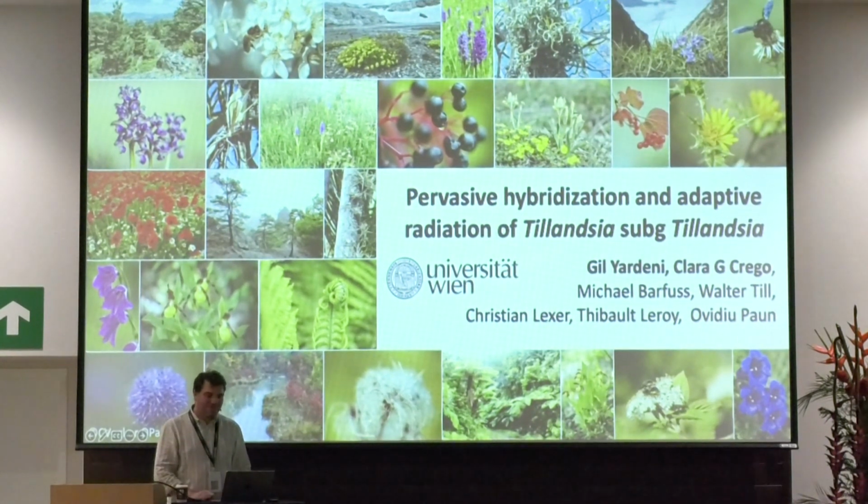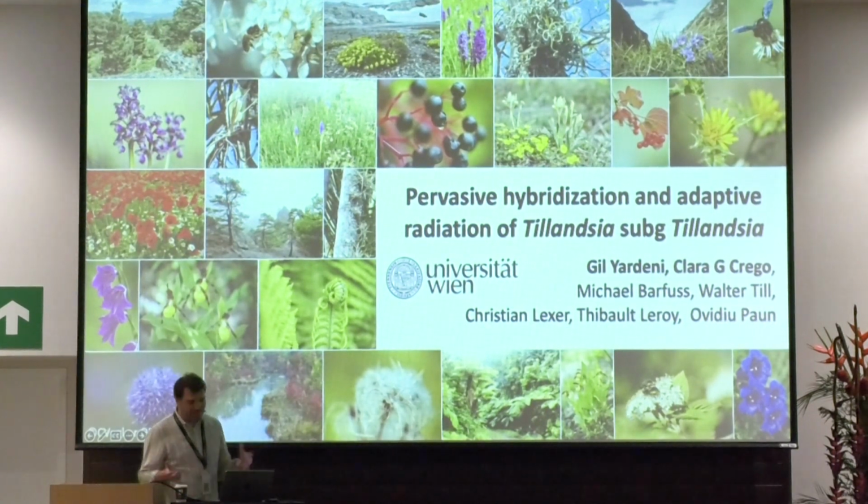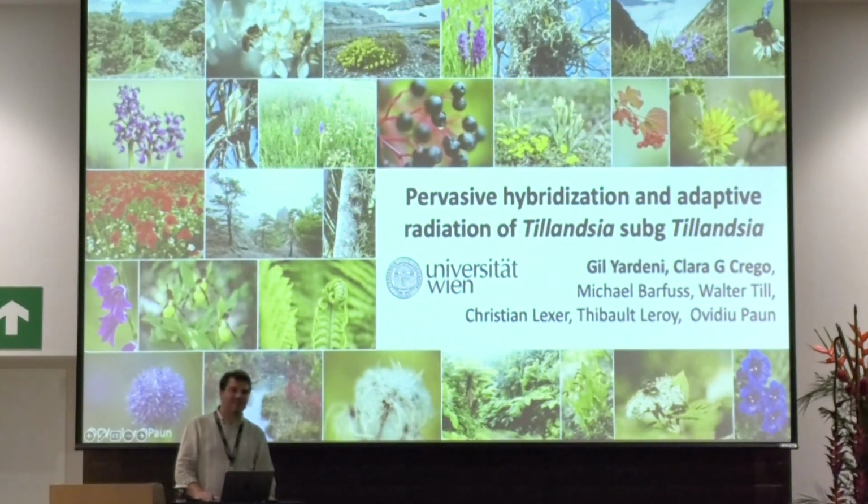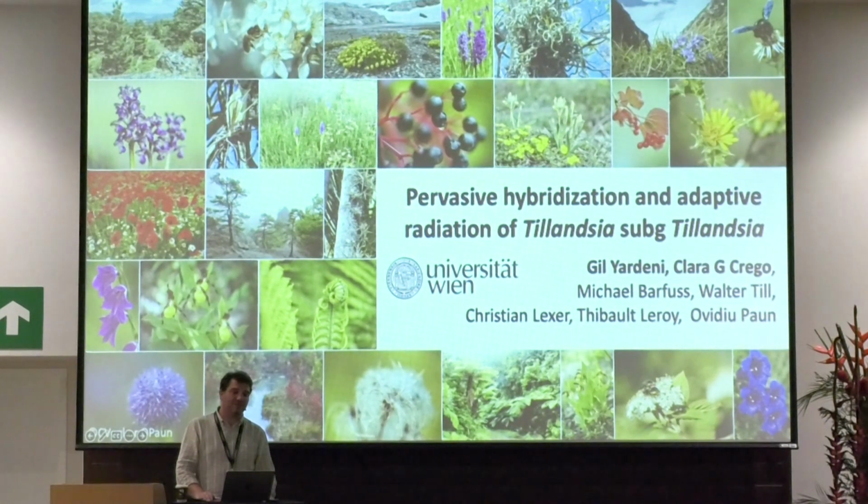Anyway, I often start my presentations with such slides, reminding people of the amazing diversity of plant species we see around us, and of course, behind this diversity, we have the process of diversification. But this process does not occur equally across the tree of life.